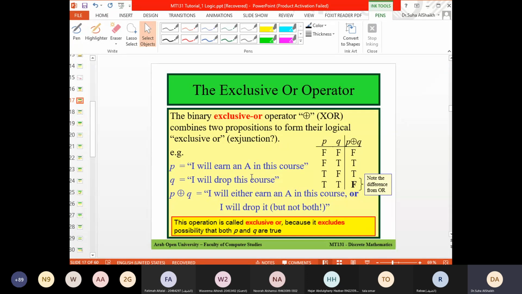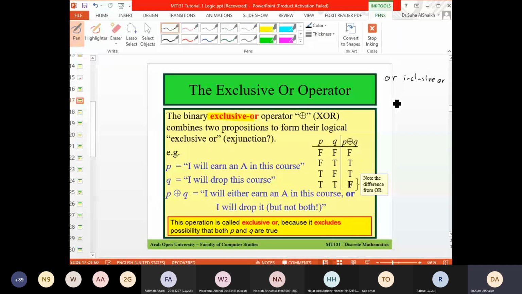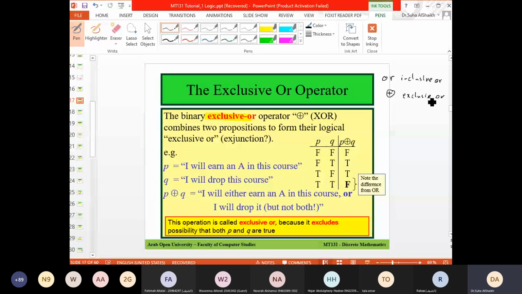We still didn't finish talking about all the operators. We talked about negation, the and, and the or. Now we have the exclusive or. We said the or is called inclusive, and this XOR is called exclusive. The word exclusive means حصري. So this is the truth table for the exclusive or.